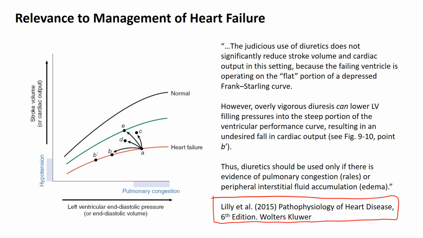And you can see in this diagram, here's the normal, here's failing. There's no descending limbs. But this graph is showing a few things. First of all, the Starling curve in heart failure is depressed. And with the depressed Starling curve, one of the fundamental ways that the body responds is by a compensatory increase in preload. That increase in preload happens via a whole number of different mechanisms.